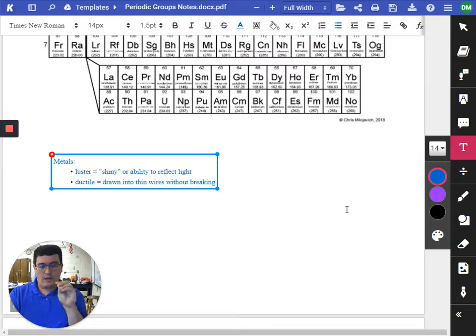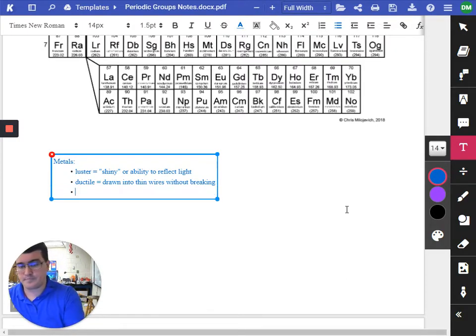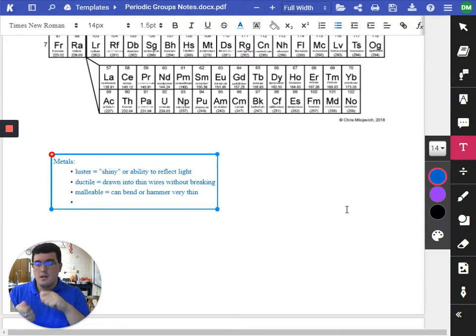Metals you can draw out into a very long, thin wire. They are also malleable. And malleable is a process by which I can hammer it very thin, or I can bend it. And it doesn't break. That's the key right there, right? It does not break whenever you do that. You can bend them, you can reshape them, and they don't break into a new substance.